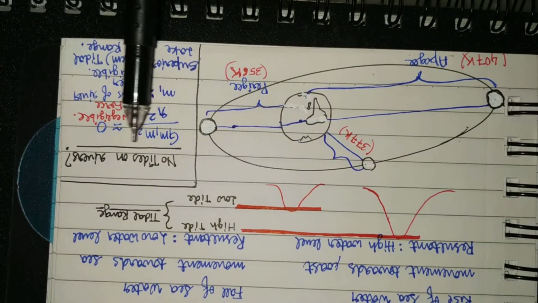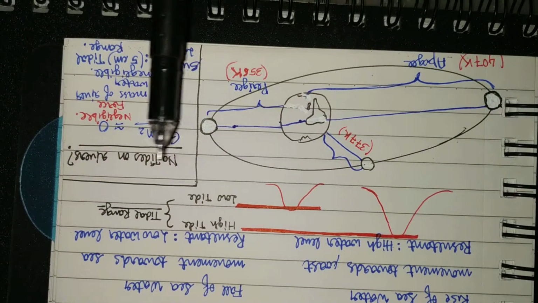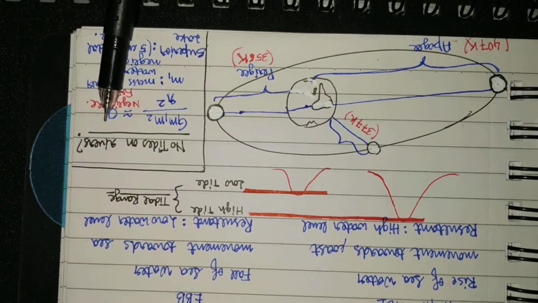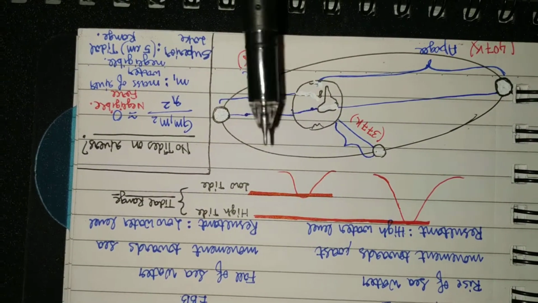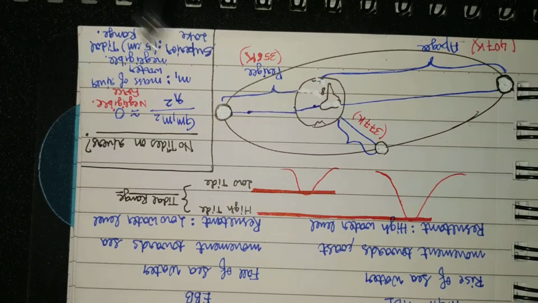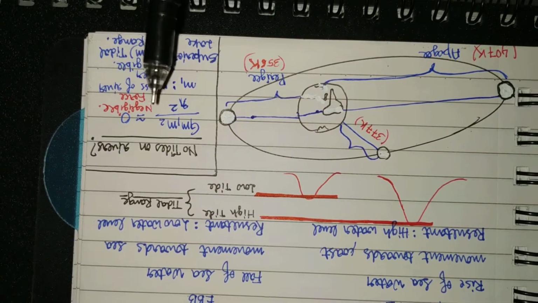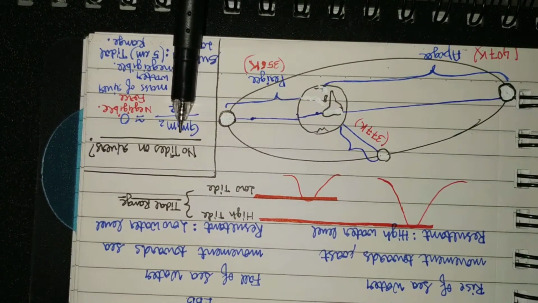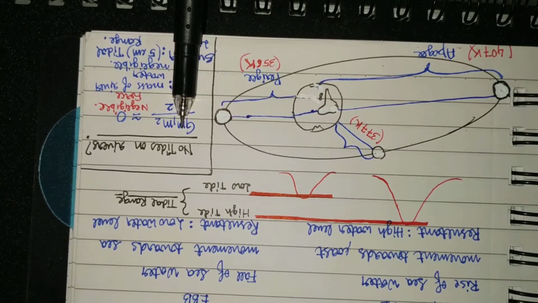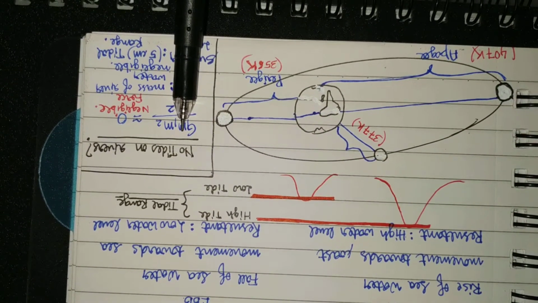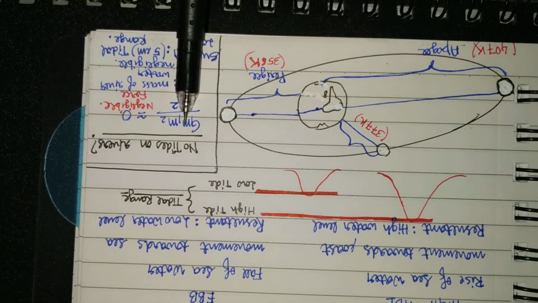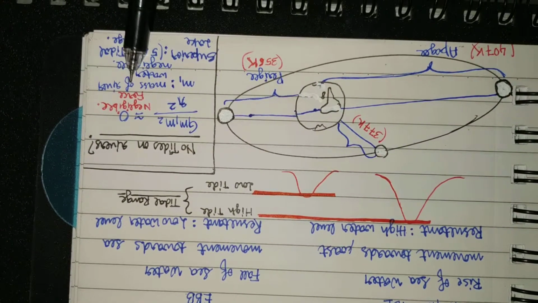Now the next question arises, why are there no tides on the rivers? No tides on rivers because the gravitational pull on the river water is negligible, because of the negligible mass of the river water which is directly attracted towards the moon.